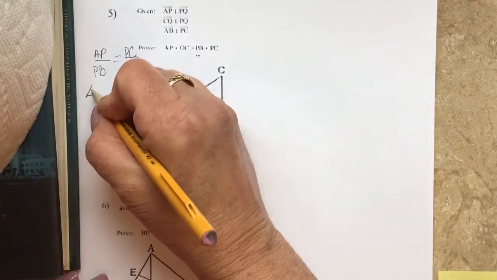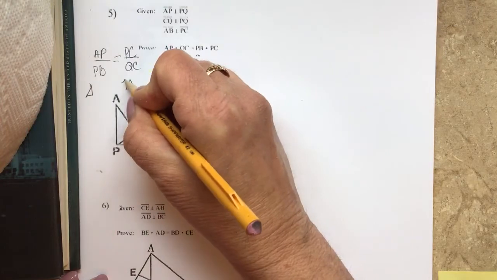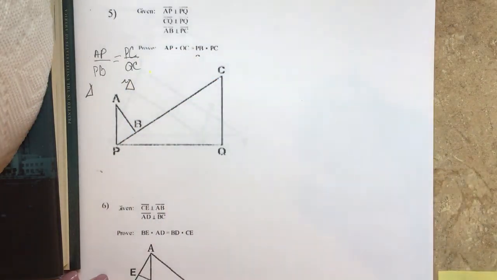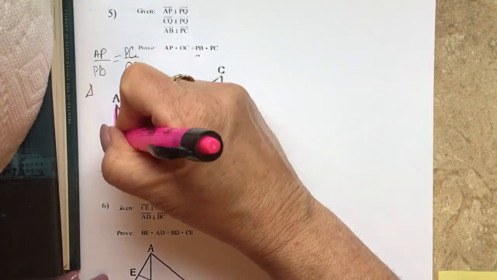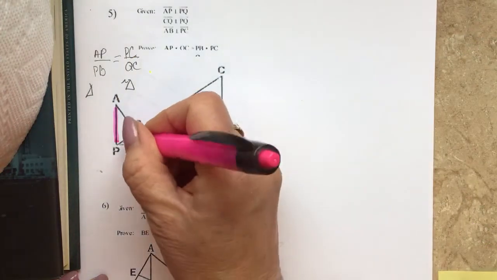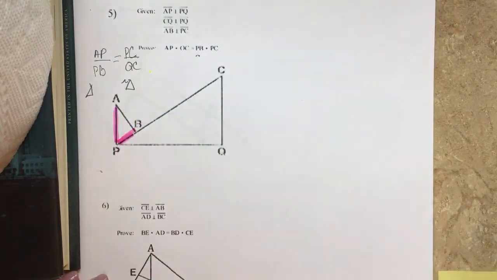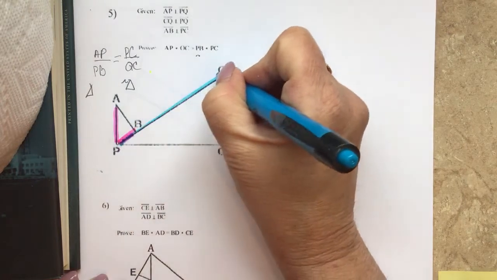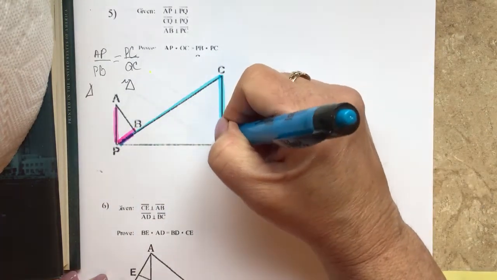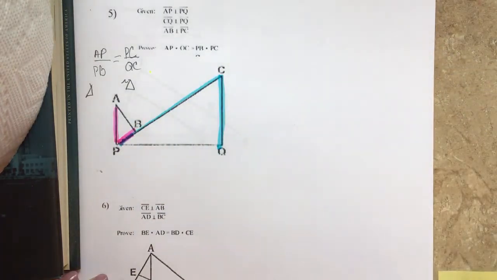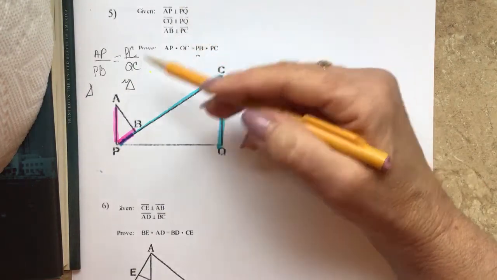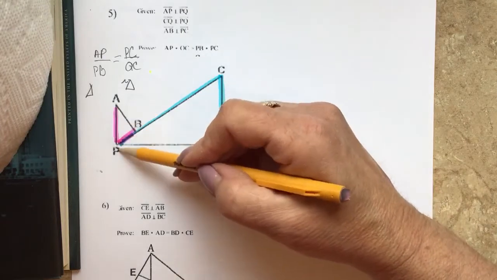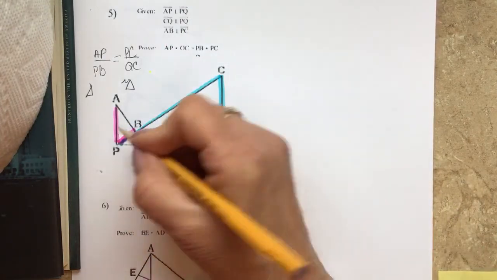All right, now I have to figure out the triangles. Triangle similar to triangle. AP to PB, PC to QC. AP is perpendicular to PQ.